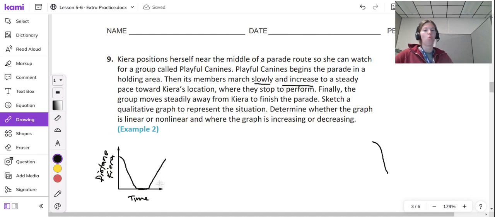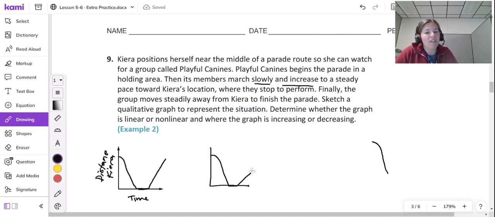They go back away from Kira. A graph like this could also look something like this here: slow, steady pace, stops, and then away. It could look something like this as well.